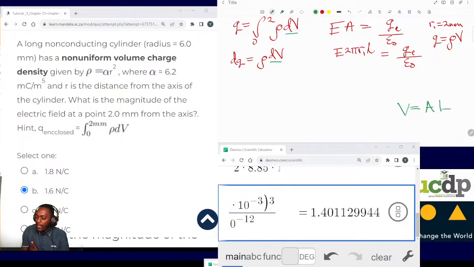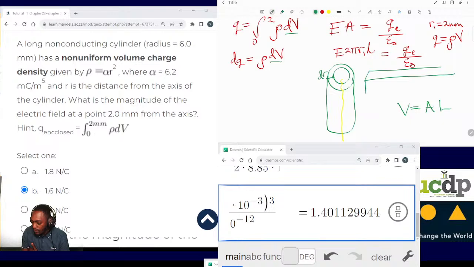And in this case, this is where I was putting an illustration of this cylinder, which has got a thickness of dr. And I was saying, if you cut this cylinder at that point, you will then have a shape like this.